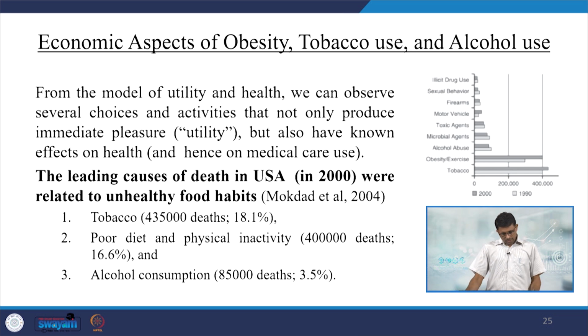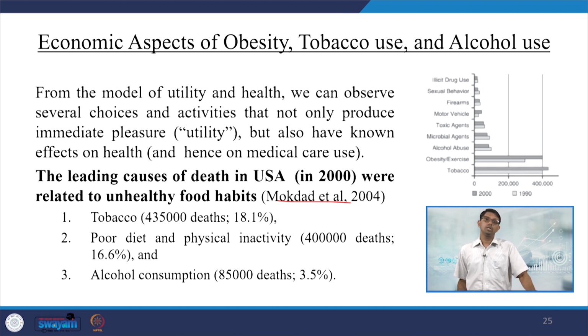Now, we have taken the example and we compare it with the utility level. The leading causes of death in the US, particularly cited in the year 2000, are related to unhealthy habits. Tobacco related deaths were huge, 435,000 deaths, nearly 18.1%.